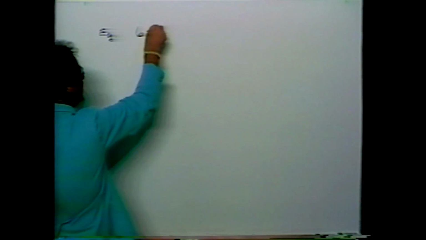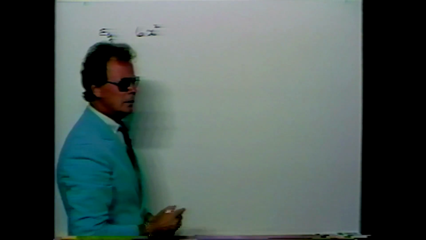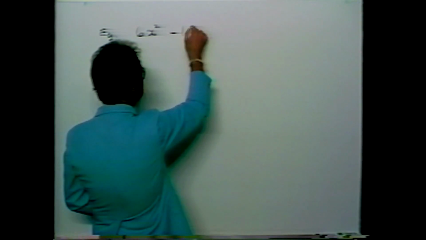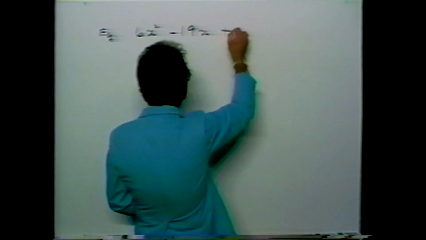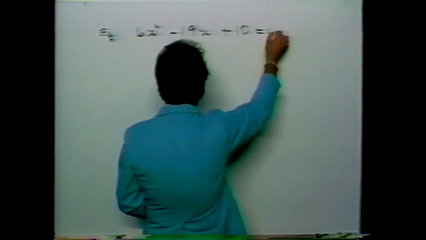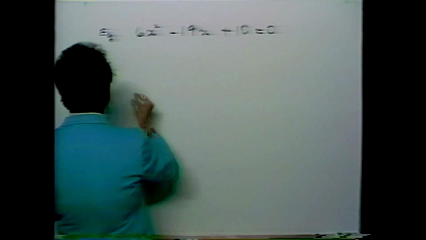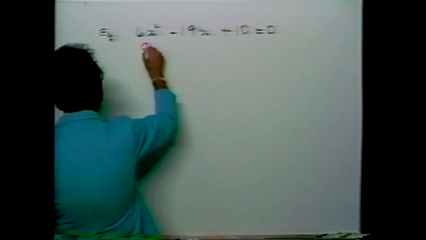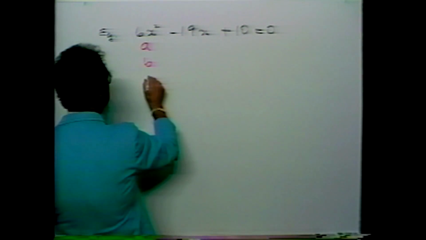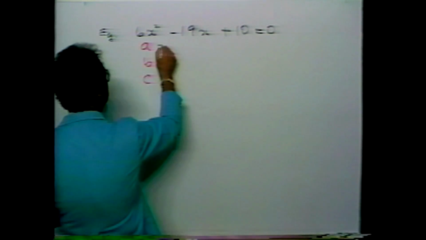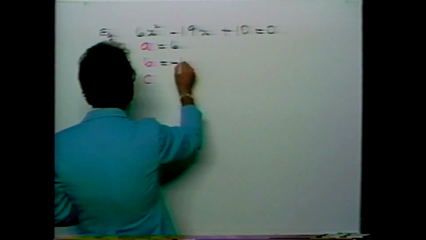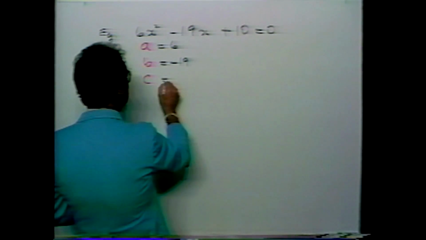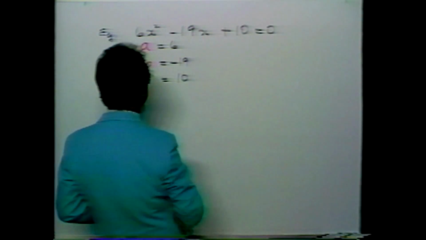For example, 6x squared minus 19x plus 10 equals 0. Here, A, B, and C equal 6, minus 19, and 10.